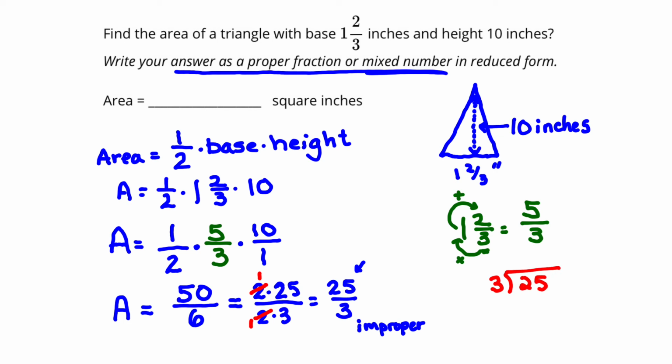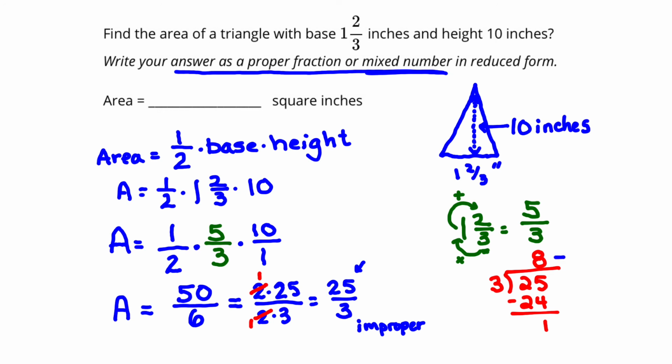So 3 goes into 25 8 times. 8 times 3 is 24. And when I subtract, that gives me 1. I can now take these numbers and rewrite my improper fraction as a mixed number. Do you remember how to do that?